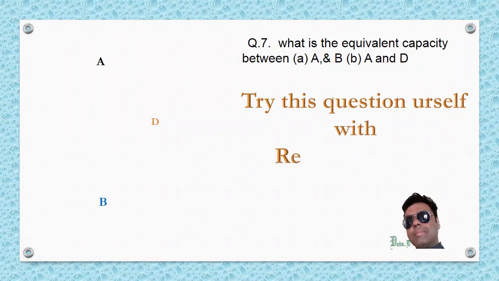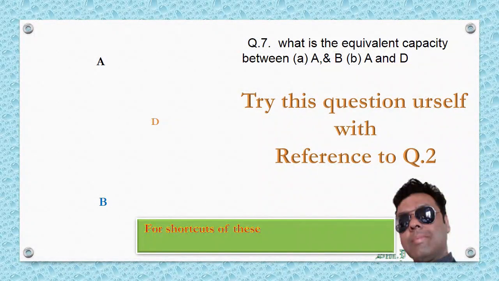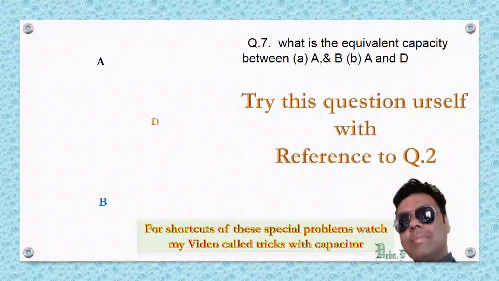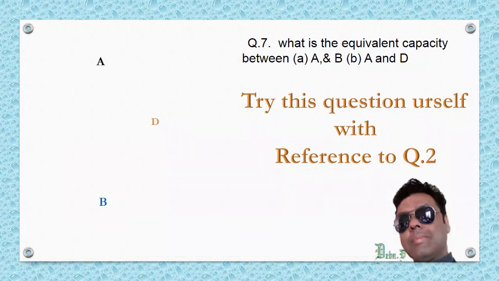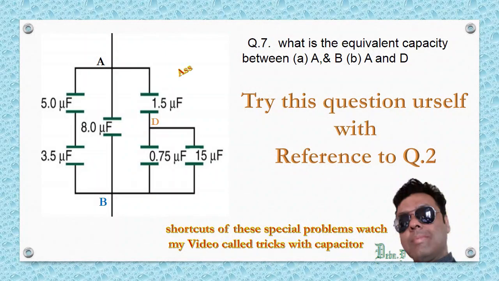A and B, when you are taking, you have to invert this and ignore D. So at A and B you will be having 5 and 3.5 in series. Again 0.75 and 15 in parallel. Again the equivalent of 0.75 and 15 is in series, then all are in parallel. Try it.